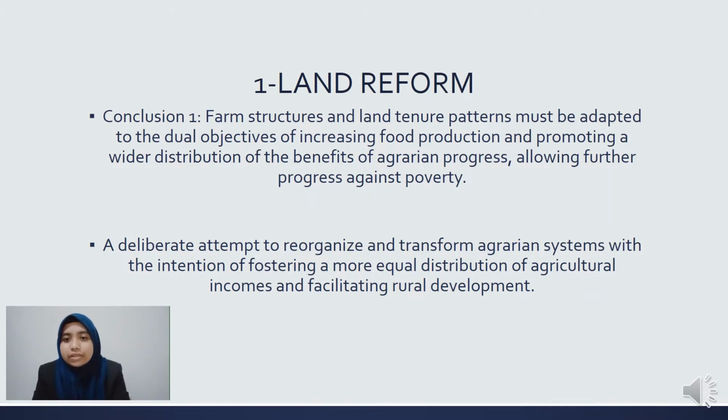The meaning of land reform is a deliberate attempt to reorganize and transform agrarian systems with the intention of fostering a more equal distribution of agricultural incomes and facilitating rural development.